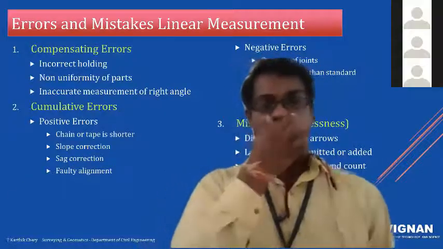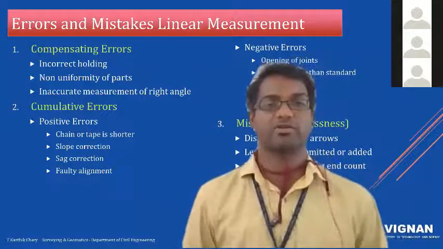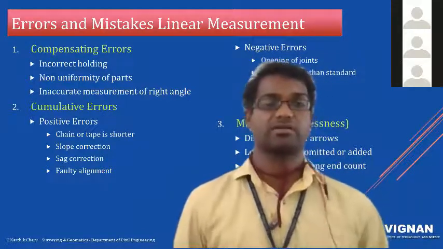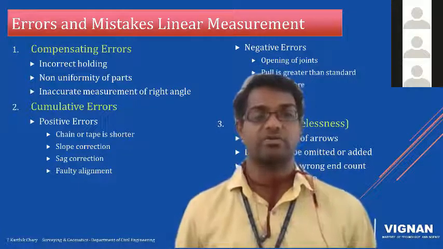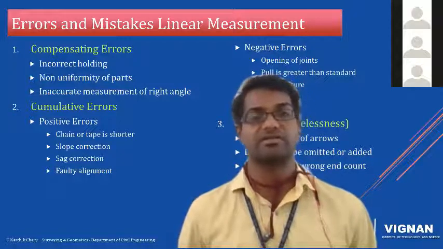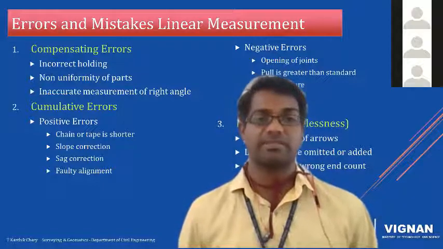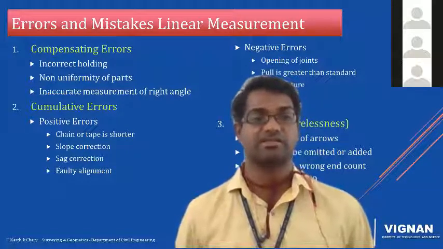So whatever measurements you are doing on the field, you always have some kind of errors to expect, right? Basically, we have three kinds of errors. One is compensating errors, second is cumulative errors, third is mistakes, right? I repeat, first one is compensative errors, second is cumulative errors, third is mistakes.